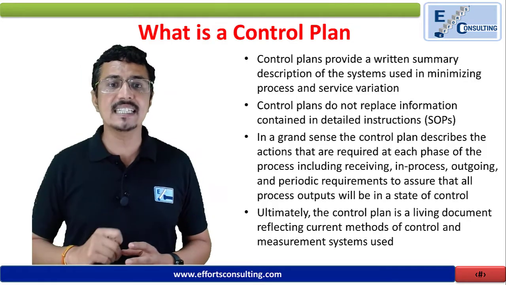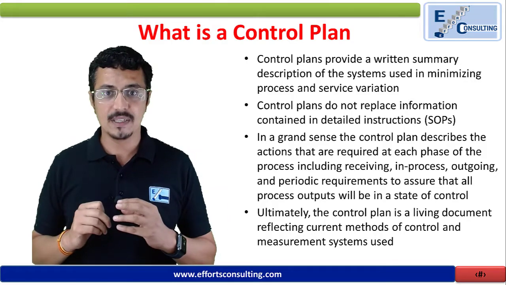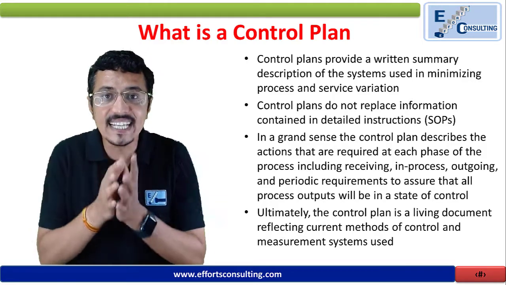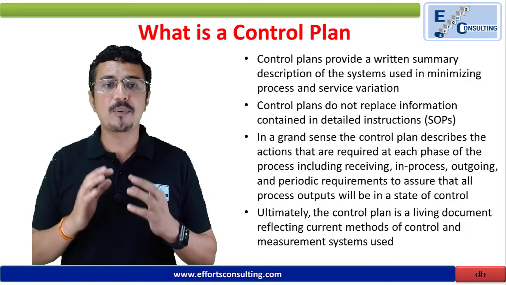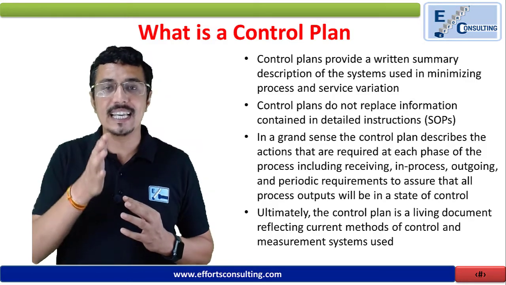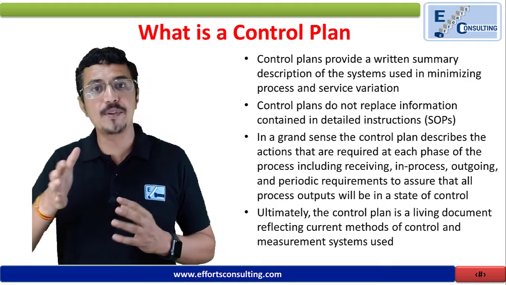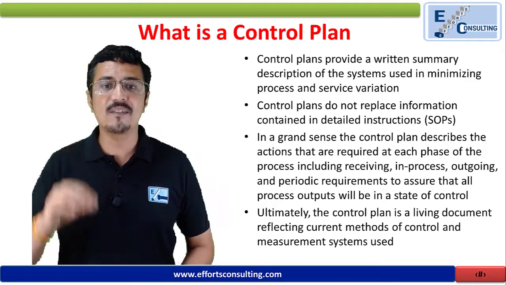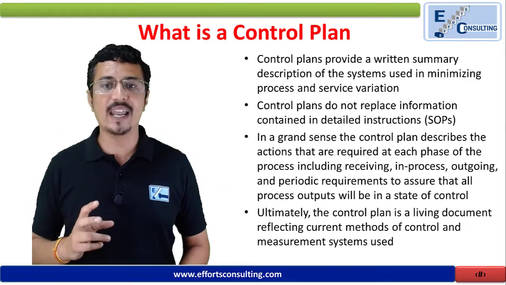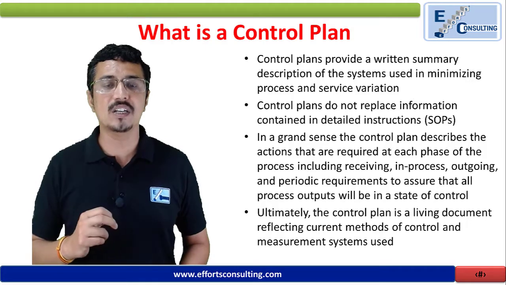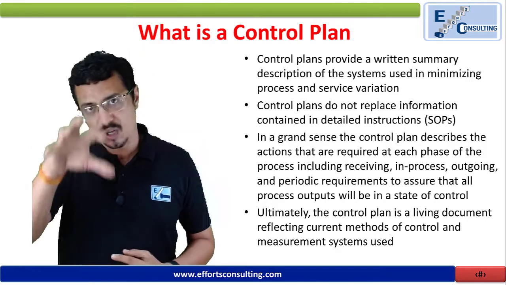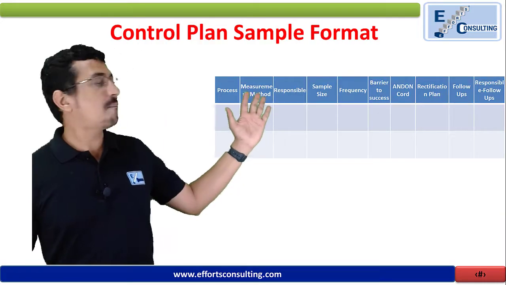In a grand sense, the control plan describes the actions required at each phase of the process, including receiving, in-process, outgoing and periodic requirements. Ultimately, the control plan is a living document reflecting the current methods of the control and measurement system used to control your process. This is an example of a control plan.